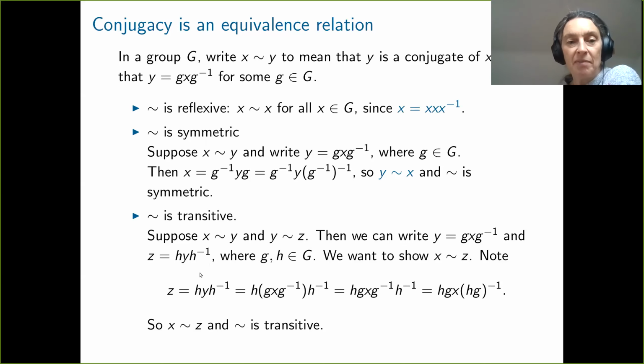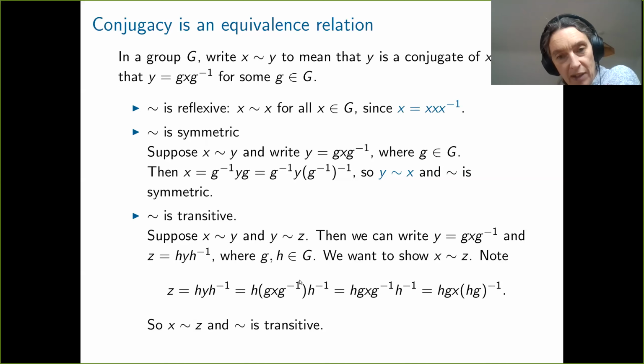What we have to use are these descriptions of z and of y. We want to write z in terms of x. We have a description of z in terms of y and a description of y in terms of x. So let's start with our description of z in terms of y and see what we can do. We know that z is hy h inverse. We know that y is gx g inverse. So this is saying that z is h, gx g inverse, h inverse.